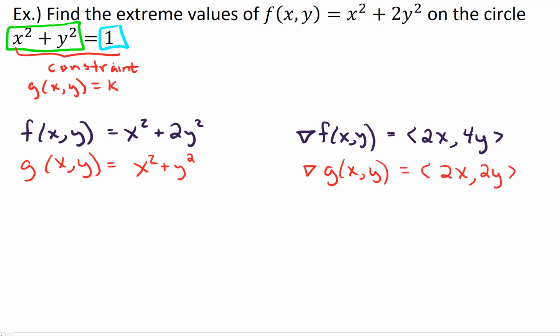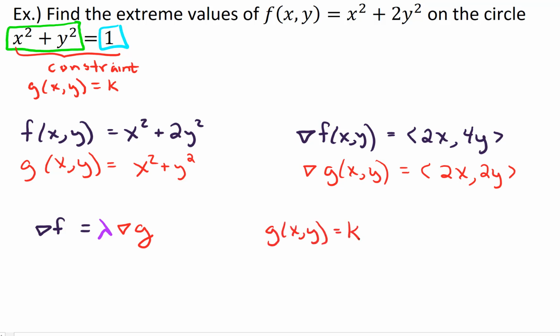So now let's set up our equations. We've got the gradient of f equals lambda times the gradient of g. We also need to work with this constraint that g of xy equals k.